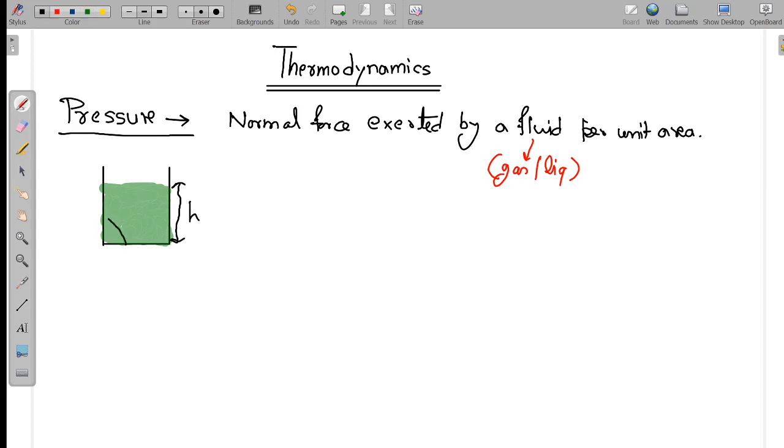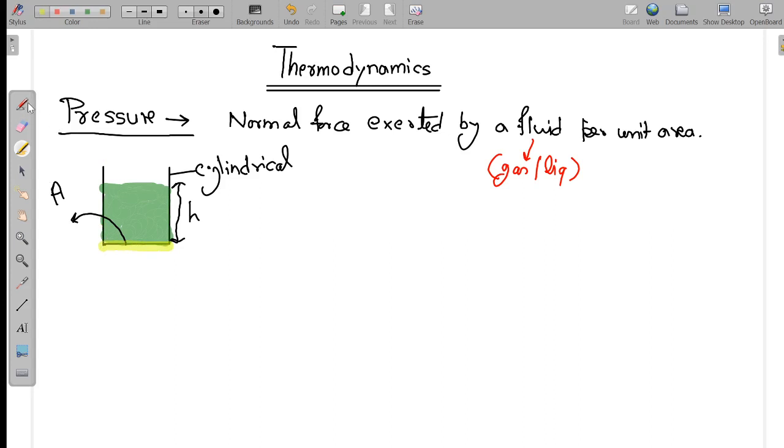Let us consider that the cross-sectional area is capital A and this container is a cylindrical one. Okay. So if I want to find out the pressure at the bottom of this container, what is the value of the pressure at the bottom?